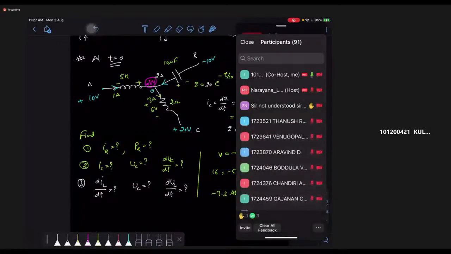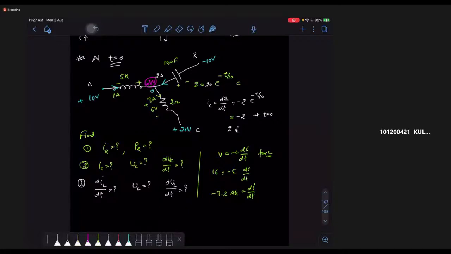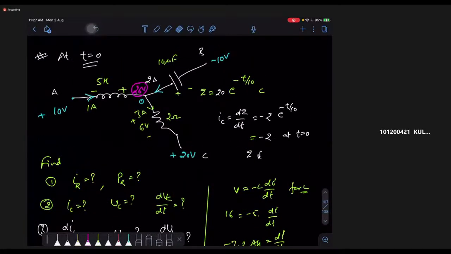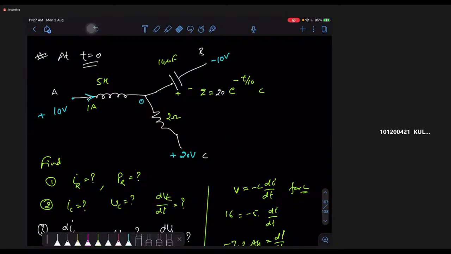Confusing. Okay, so let me take it once again slightly. So what is given first?